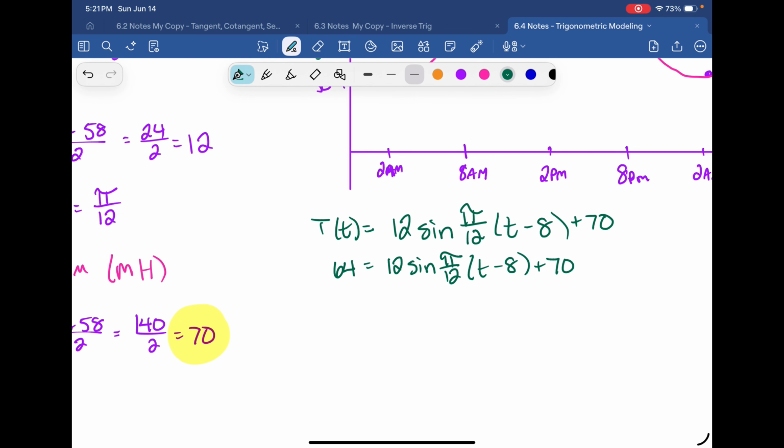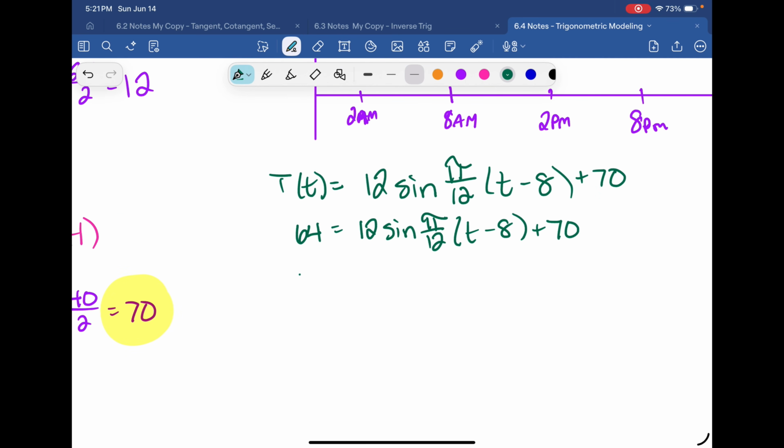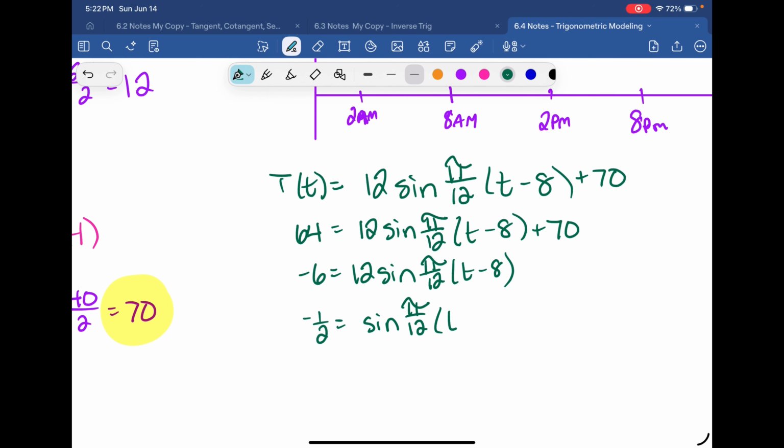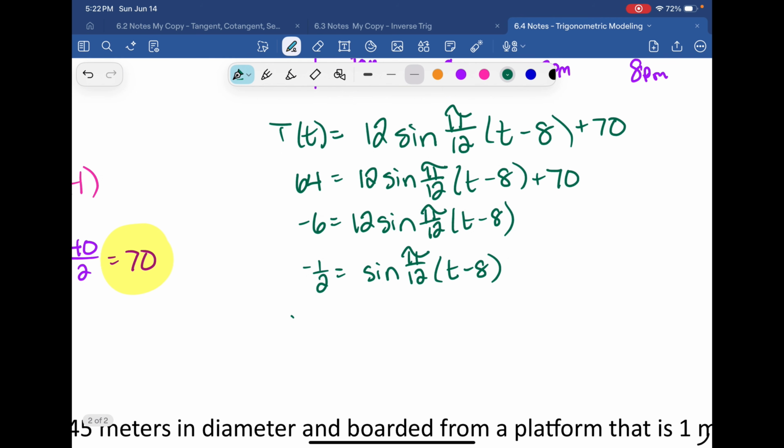That means I'm going to subtract 70 first. I'm going to divide by the 12. Now, to get this stuff out of the argument for sine, I need to take the inverse. So inverse sine of negative 1/2. So it's going to cancel this.